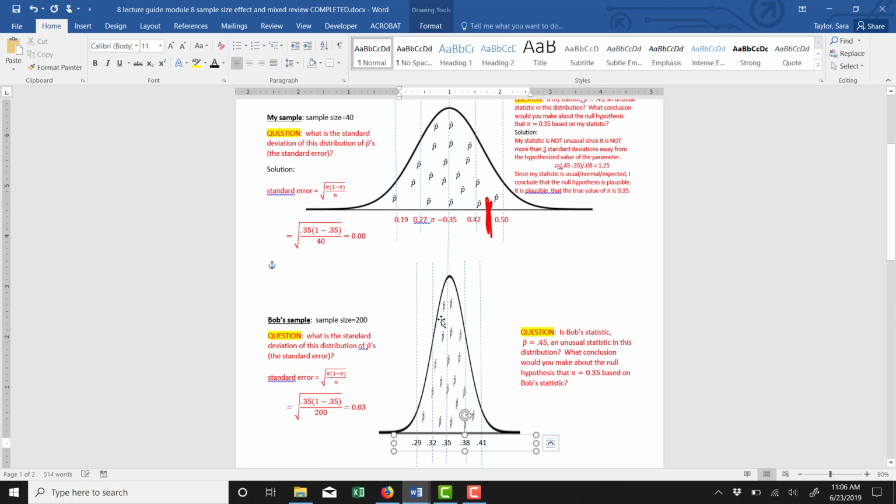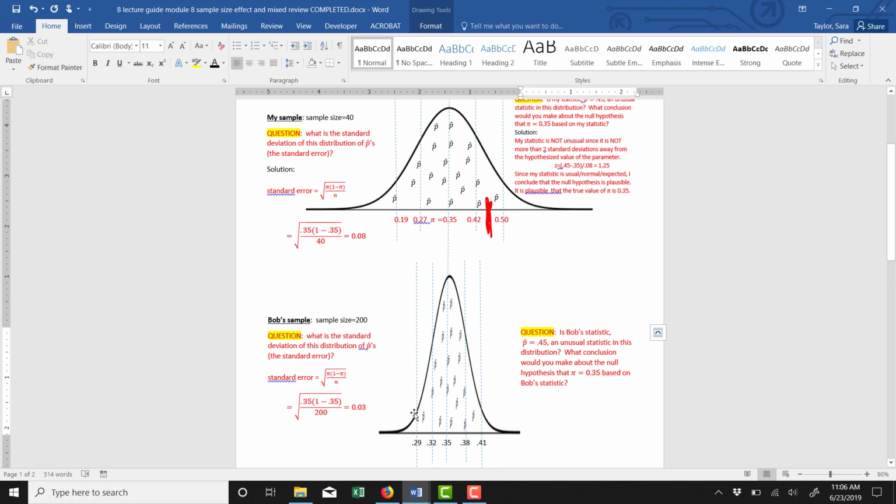And now with a sample size of 200, it's thinner. They both still have the bell shape. They're both still centered at 0.35. But when your sample size increased to 200, that made the standard deviation of the null distribution smaller. So it made all of this happen on a narrower range of values.